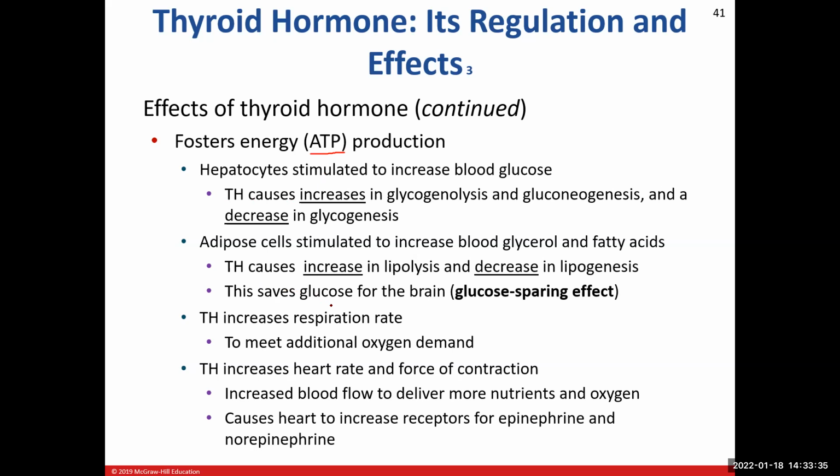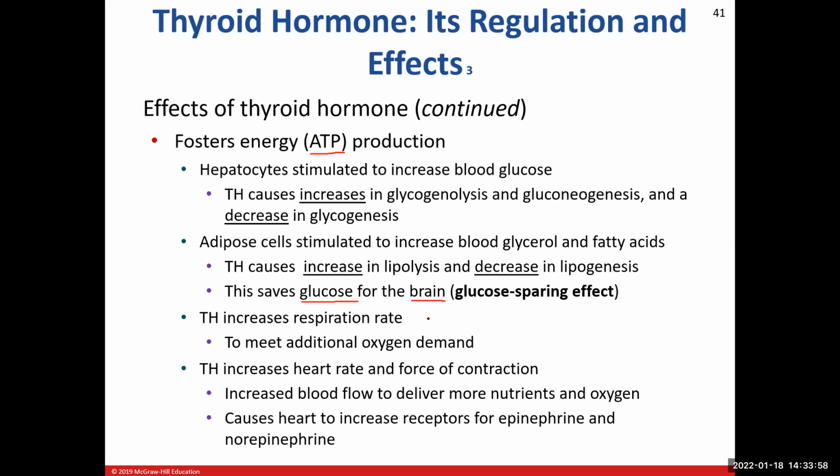And remember what a triglyceride is. It's a glycerol molecule with 3 fatty acids. And so the other cells in your body can use the fatty acids and the glycerol for energy, and that saves the glucose for the brain. Because remember what I told you, the brain gets top billing, and we call that the glucose sparing effect.